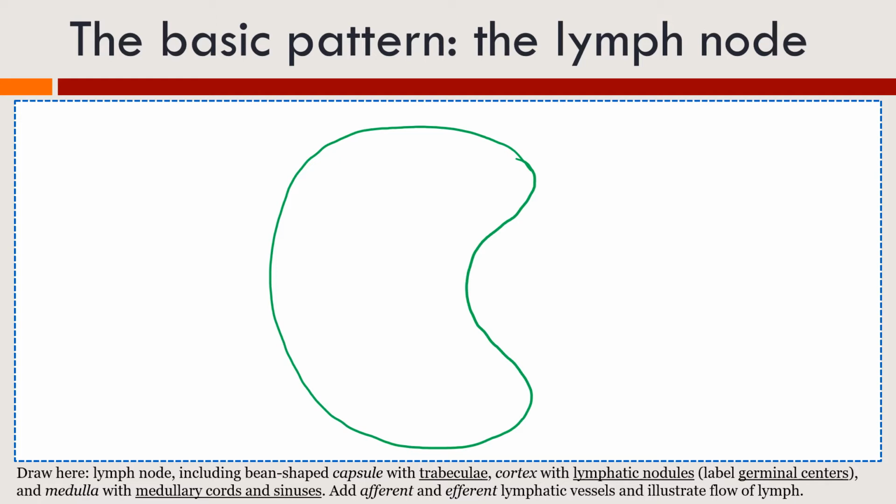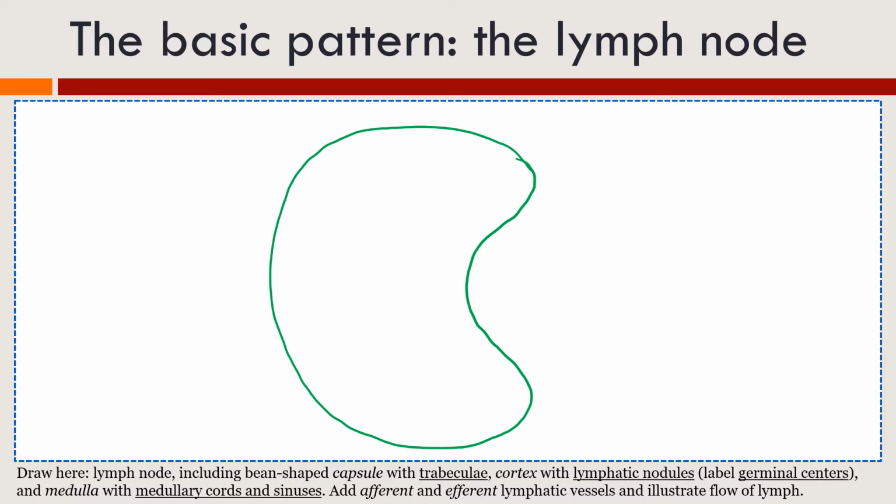It's a semi-solid organ that has a sort of kidney bean shape to it, and as such, it actually serves as a nice prototype for a lot of other organs that we're going to be dealing with in this class. Some of them today in the lymphatic system, some of them in other systems entirely.